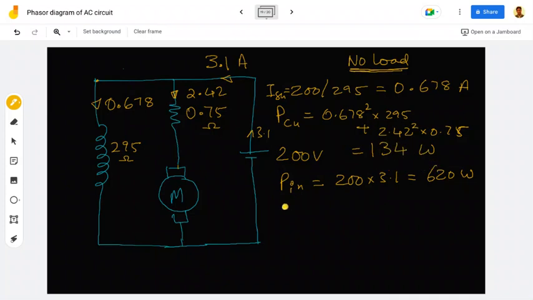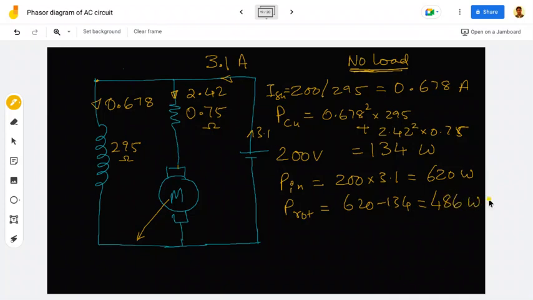If you remove the copper loss from the electrical input, you will get the mechanical loss, because the output is zero in no load. So the entire difference is the rotational and friction loss: 620 minus 134, which is 486 watts.